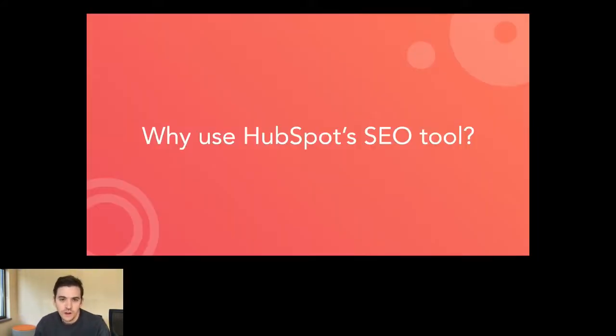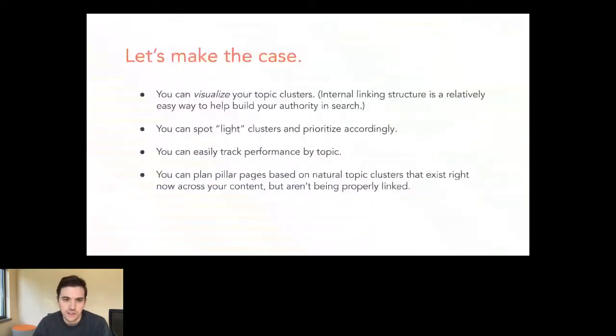So why use HubSpot's SEO tool? I kind of cover this stuff, but let's make the case here, especially if you want to make the case to yourself or someone else. First, you can visualize your topic clusters. Internal linking I've seen emerge as one of these areas of, quote unquote, technical SEO, things within your control, that often doesn't get optimized as well as it could be.